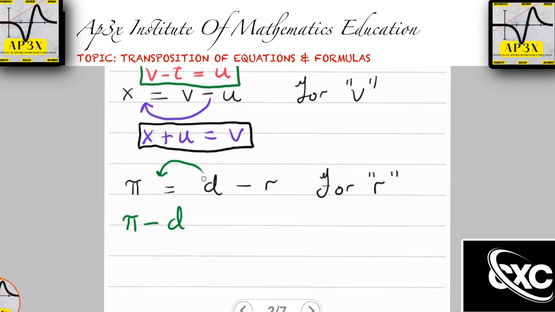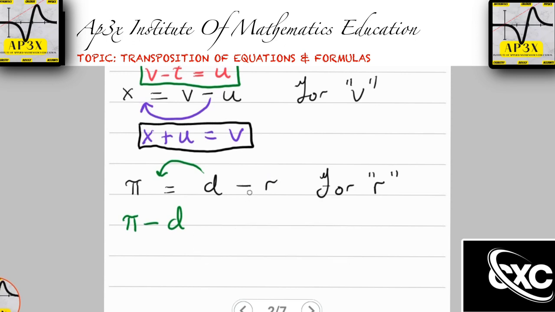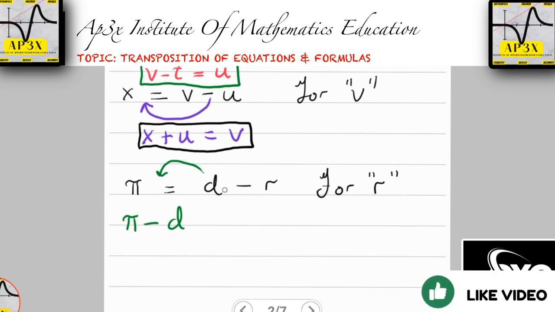Some students might interpret that once the D goes over, then the minus goes with the D. This minus sign here is not attached to the D, it is in fact attached to the R. Whatever sign appears before a variable or a constant belongs to the variable or the constant.